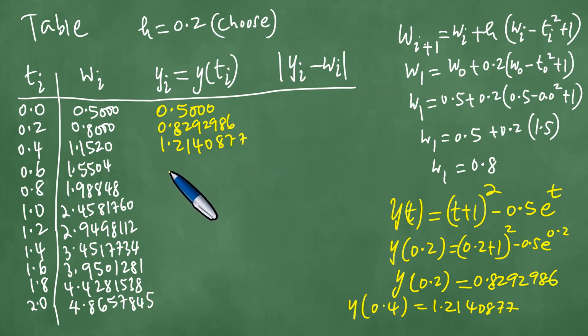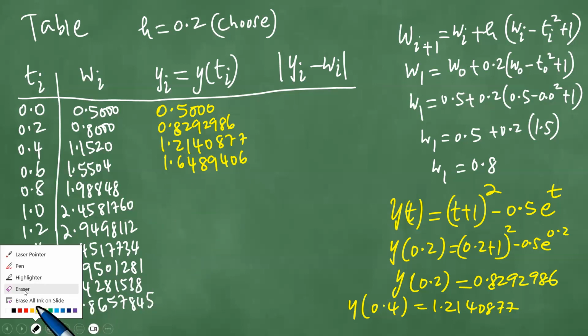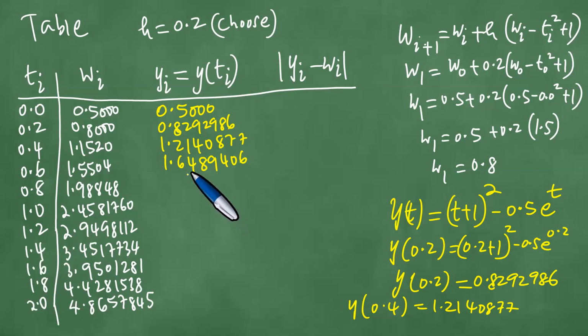And then there's 0.6. 1.6489406. You have 2 point. Here you have 2.12 72295.